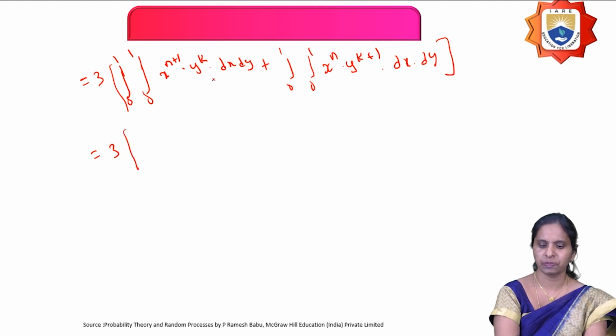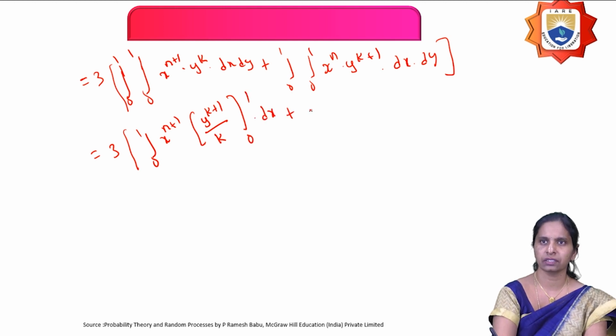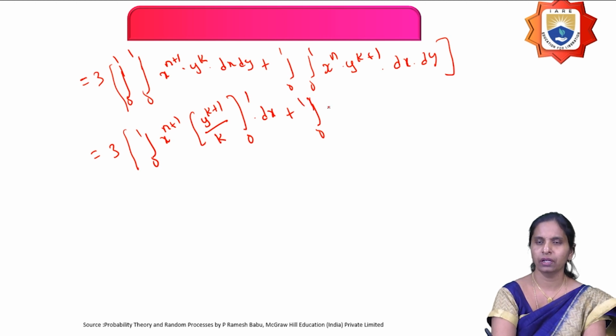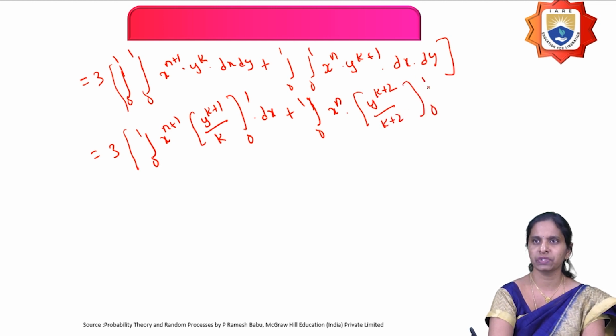First integrate with respect to y. Then we obtain integration 0 to 1 of x power n plus 1 into the integration of y power k, which is y power k plus 1 by k plus 1, with limits 0 to 1, dx, plus integration 0 to 1 of x power n into the integration of y power k plus 1, which is y power k plus 2 by k plus 2, with limits 0 to 1, dx.